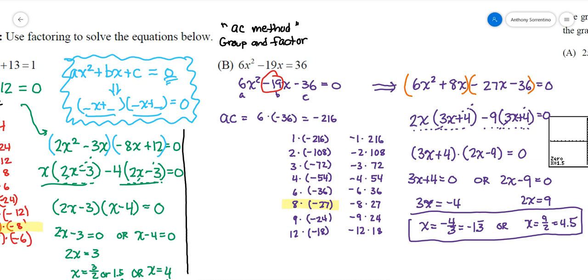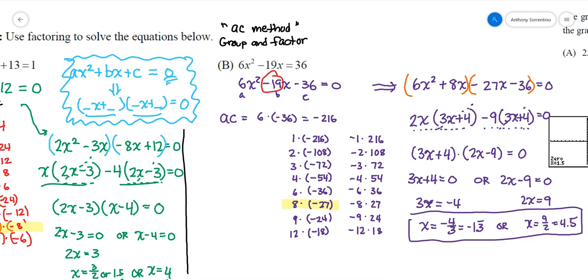But I do show some pictures of how you could use either the intersect function or the zero function on your calculator menus to take the graph of this, which we're going to talk about more later, and you can find out through the right intersections what the solution should be. So that's how you would use the factoring method.